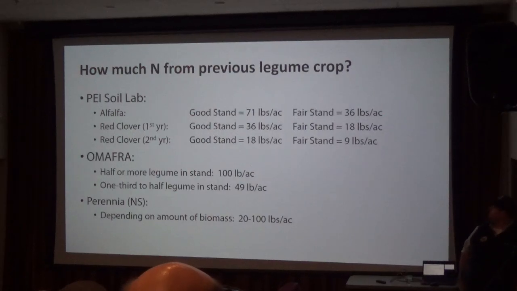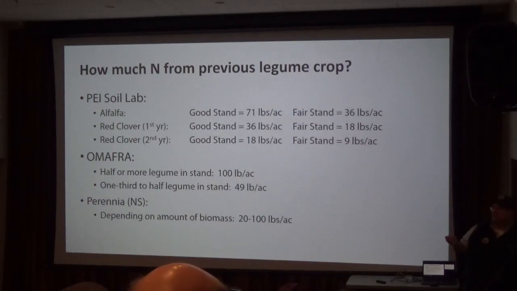And you can see those numbers, there's no gradation, there's just 70 and 36 and 36 and 18. So there's no curve there, and that's a little bit difficult for some folks. OMAFRA's is even less gradated. It's just basically, did you have a lot of legume in the stand? 100 pounds. Did you have not, one third or less? Half of that.